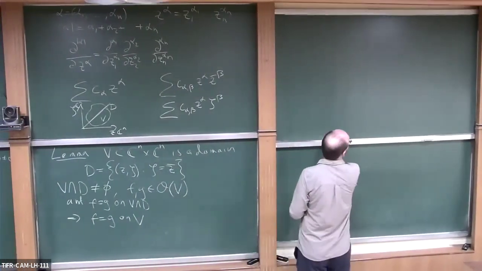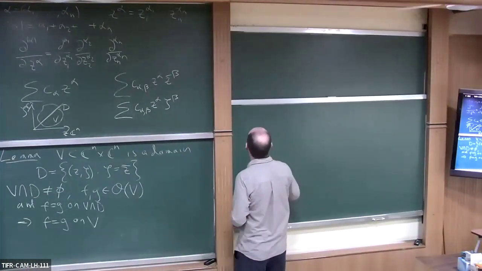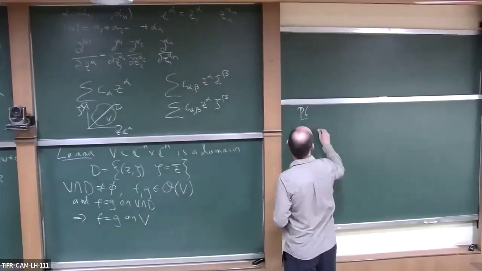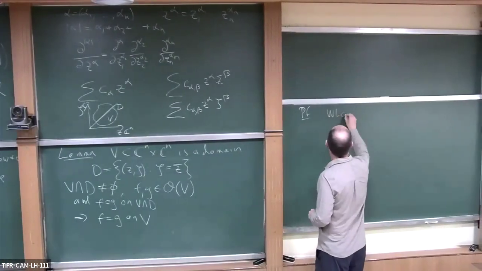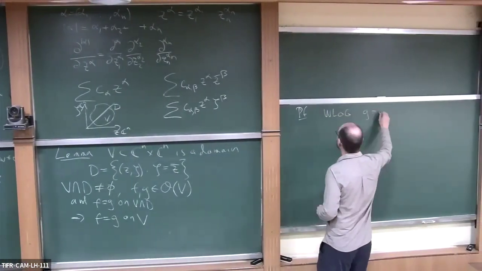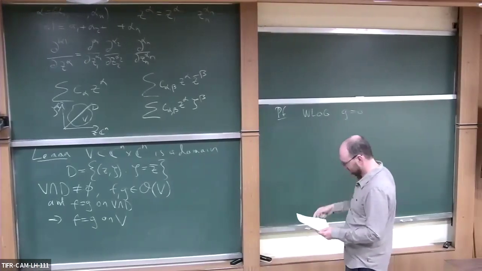So the proof is, first I just subtract them, so I can just assume one of them is 0.